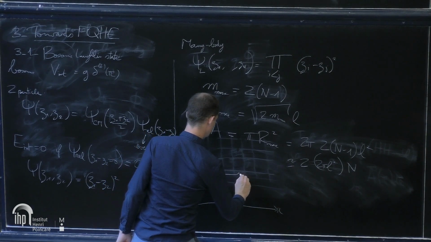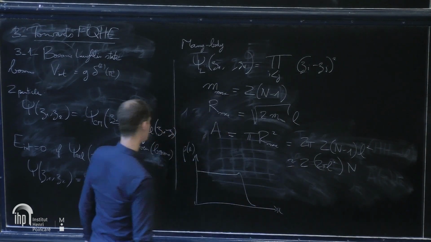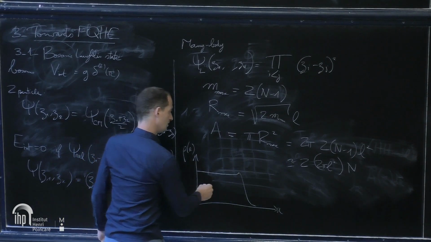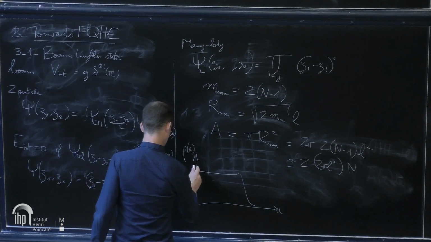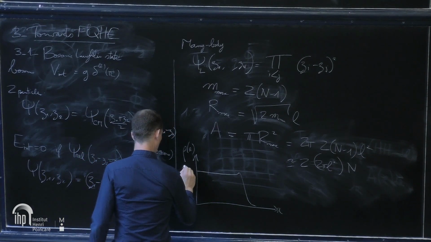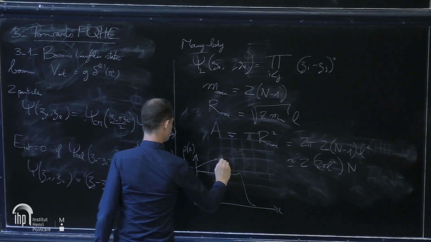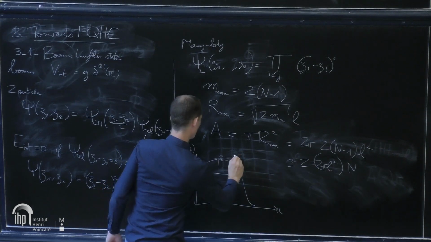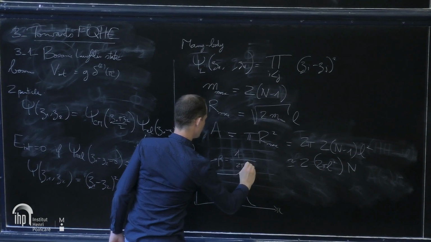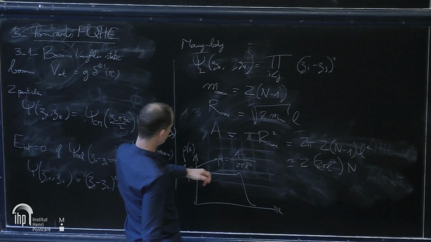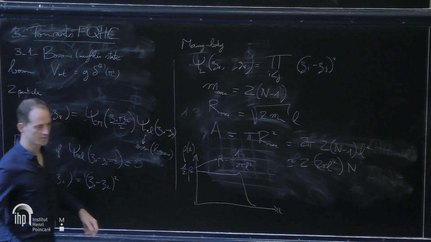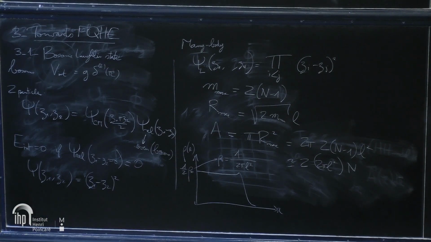Then there is a little bump, but it's not very important. It looks like this, where the plateau is at a value 1/2 of rho 0. So rho 0 is 1 over 2 pi L squared. It is the density that you would get if you fill each orbital with one atom.